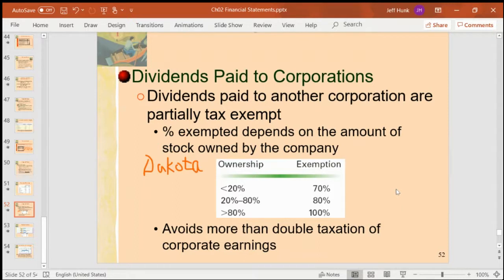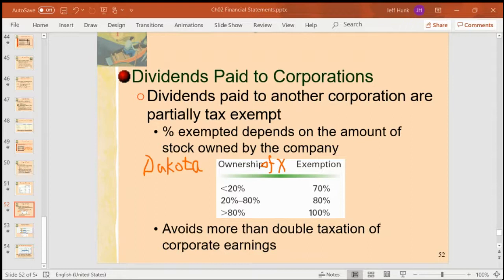Dakota bought shares of, let's say, company X. It doesn't matter what the name is, let's call it company X. But just to make sure, let me check if they receive dividends.